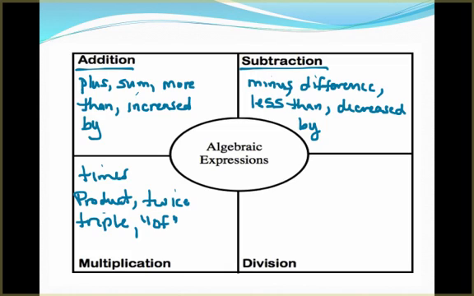If we're looking at division, you might see the word quotient, ratio, half, where we're dividing by 2 or multiplying by half. These are all common terms that we would use to help us read through a problem and decide what operation we need to perform to maybe solve that problem.